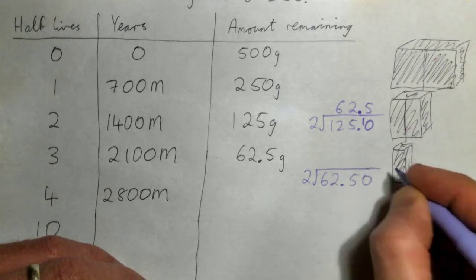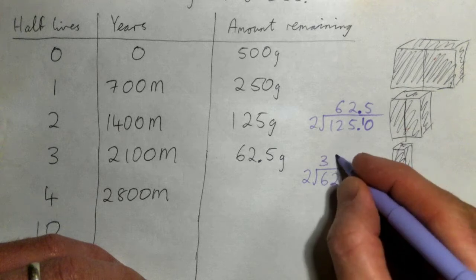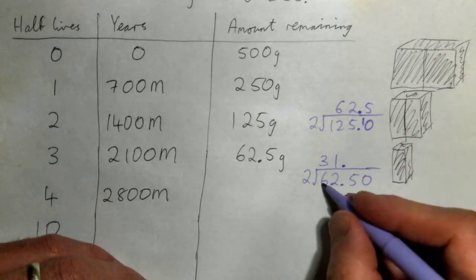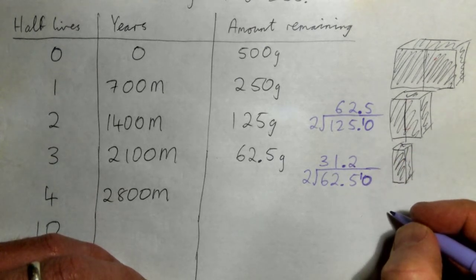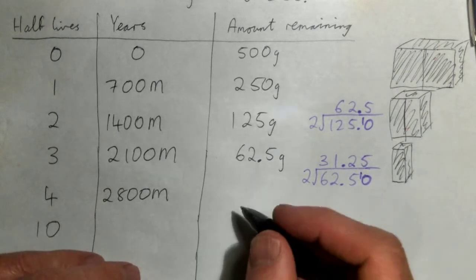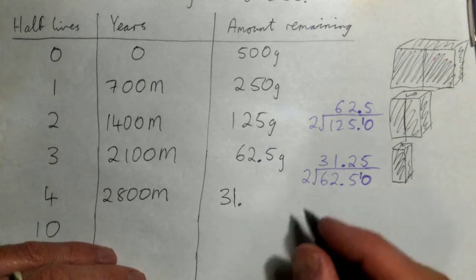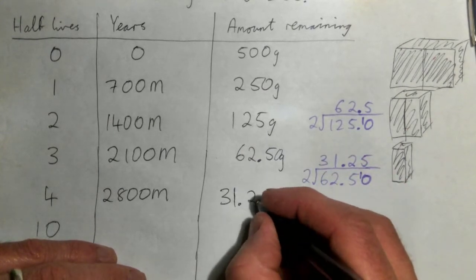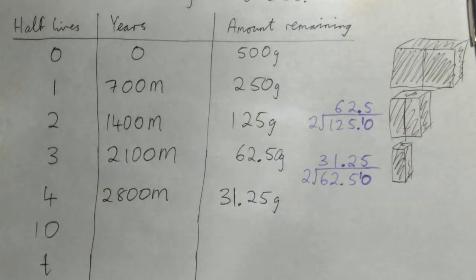But okay, 2 into 6 goes 3 times, 2 into 2 goes 1 time, decimal point goes up. 2 into 5 goes twice, remainder 1. What's 2 into 10? 5. 31.25. See, the 62 got divided by 2 to give 31, didn't it? And 50 divided by 2 is 25, isn't it? Alright, so that's what we have left.